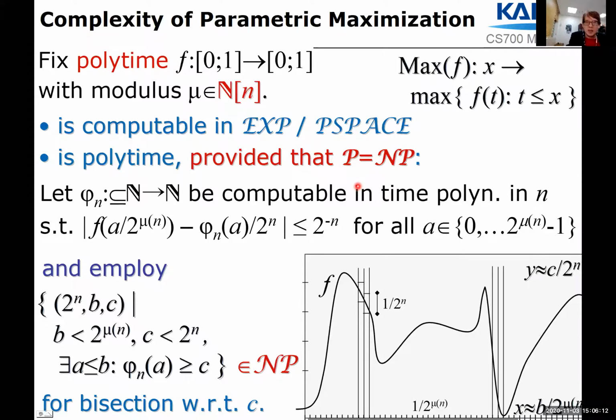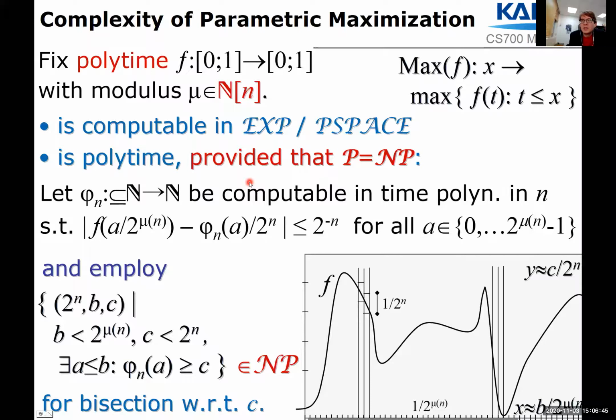Okay, but first let's move on to another problem, from maximization to integration. And numerical folklore says that maximization is harder than integration, because for maximization we do have all these algorithms: bisection, Newton's method, and so on. Here we haven't really discussed bisection or Newton's method for the reason that I just pointed out.